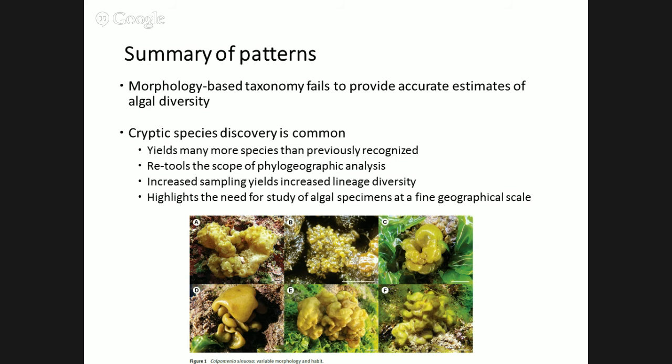It's no longer adequate to do the kinds of studies that we used to do 10 or 15 years ago, where we would gather a few specimens from a few places around the world and try to infer phylogeographic patterns. There's just so much going on, so many patterns to untangle, so many genetic lineages within these taxa, that we need to cover these at much finer geographical scales to start to see what's happening.